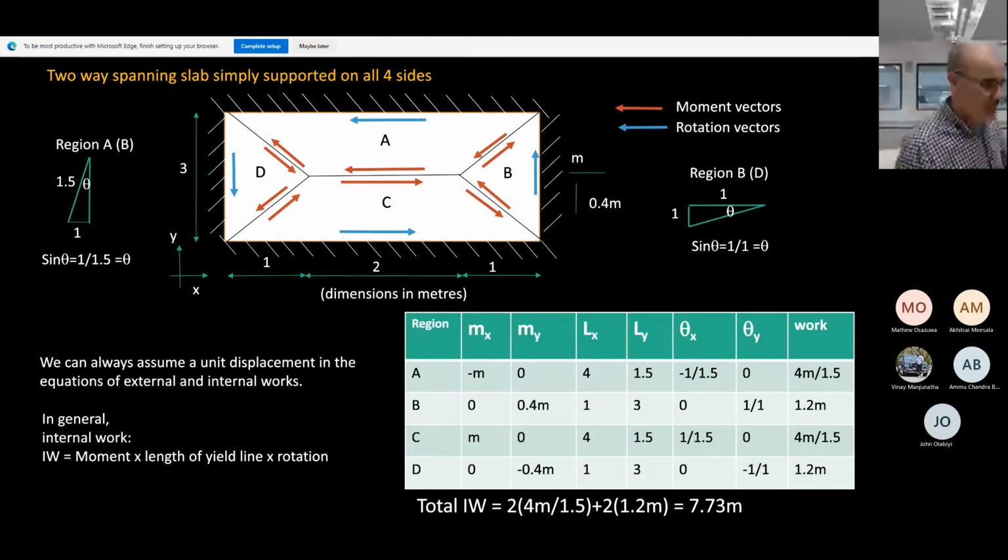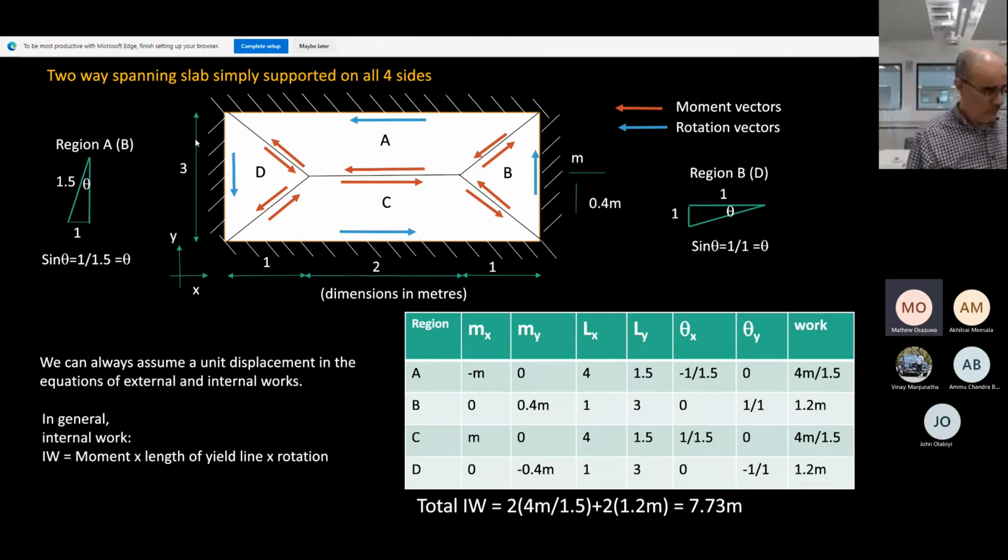So you've got this angle theta, and this is 1, this is 1.5. You know the relationship. This distance 1 is equal to 1.5 times theta. So theta is 1 over 1.5.